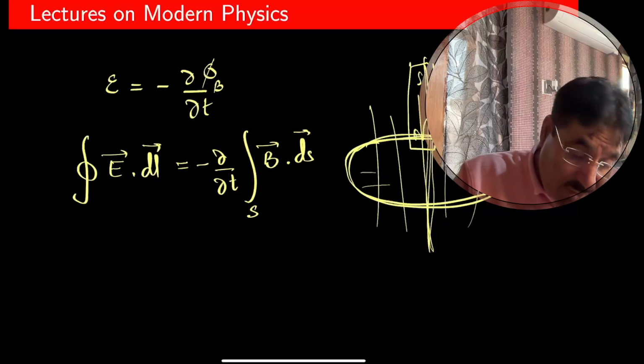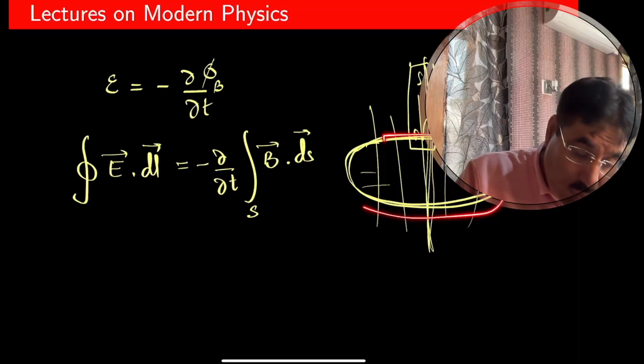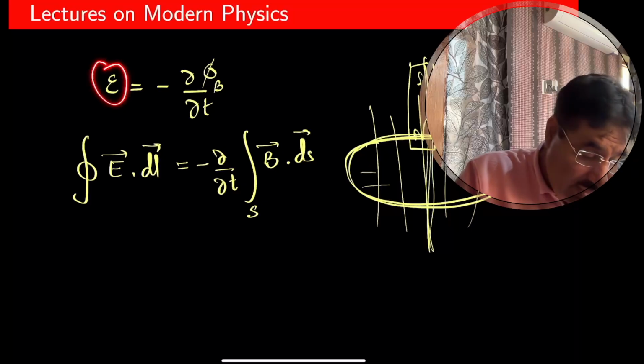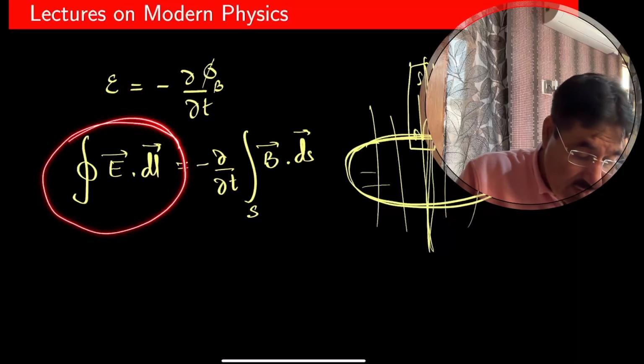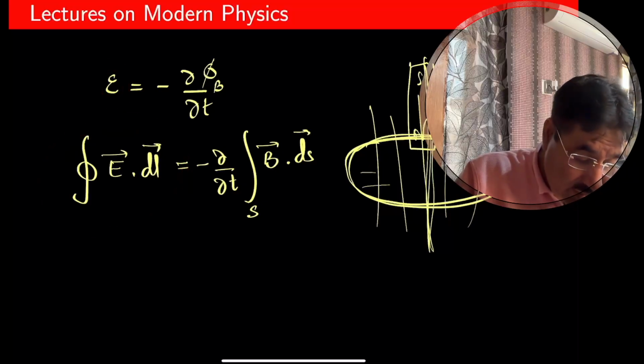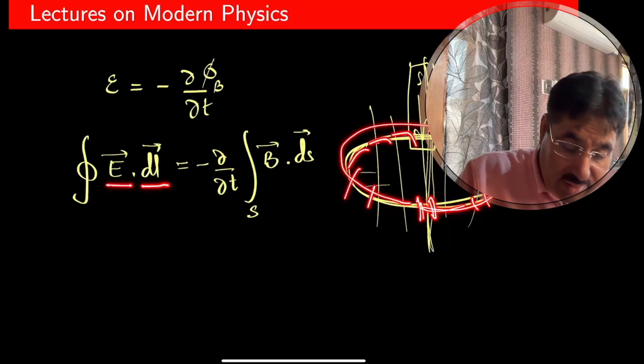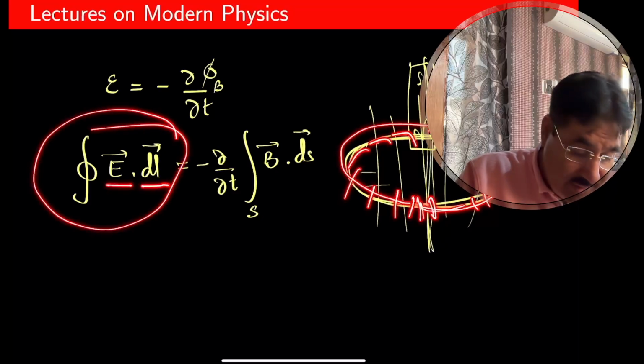So how much work is done on a charge along the entire loop, right? That is the EMF. So per unit charge is EMF, and I can write it this way: I just write the work done over the small step, then integrate over the entire ring, and that is this integral.